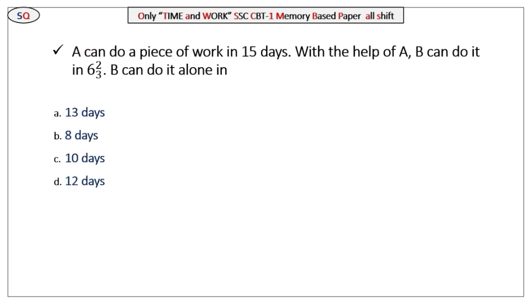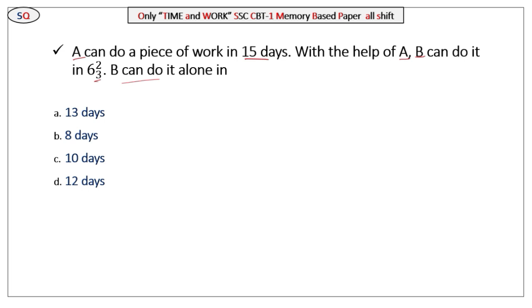Next question is, A can do a piece of work in 15 days. With the help of A, B can do it in 6 2 by 3 days. B can do it alone in how many days? It is also a formula, it is also one type of formula.